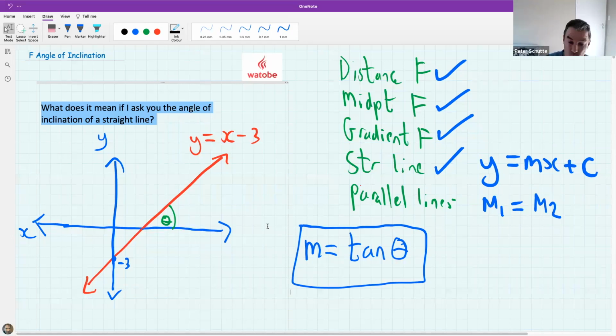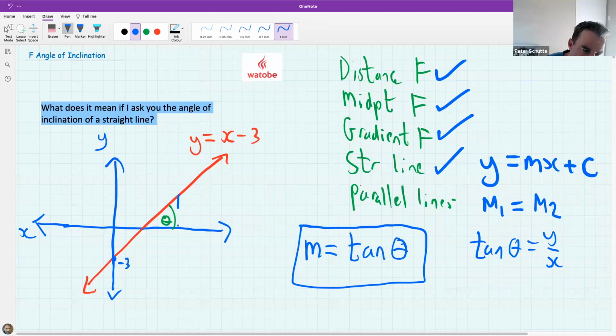We don't have to go into too much detail on why this works; we may just want to understand how to use it. But the reason is that tan of theta is just y over x. If you imagine a triangle being formed here, this would be y and this would be x.